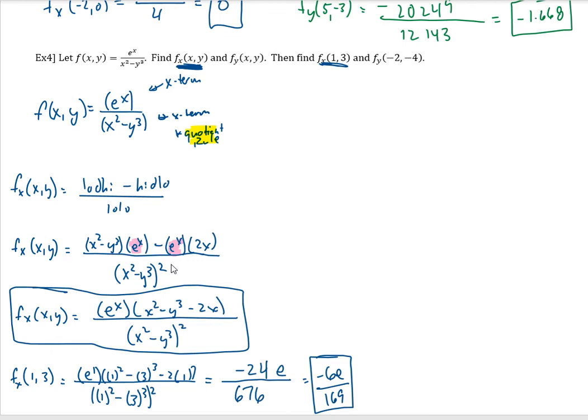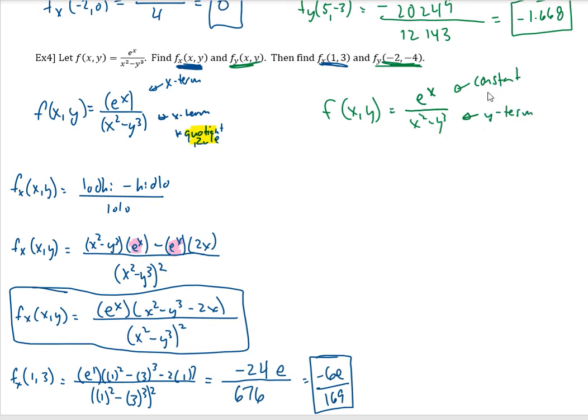All right, let's see if the other one needs it. All right, so I want to do our partial derivative with respect to y. Well, our f of x also had a y in it, but I was thinking only the partial derivative. So when we have our partial derivative, the e to the x over x squared minus y cubed, this is treated like a constant when we have our y, and then this is our y term.